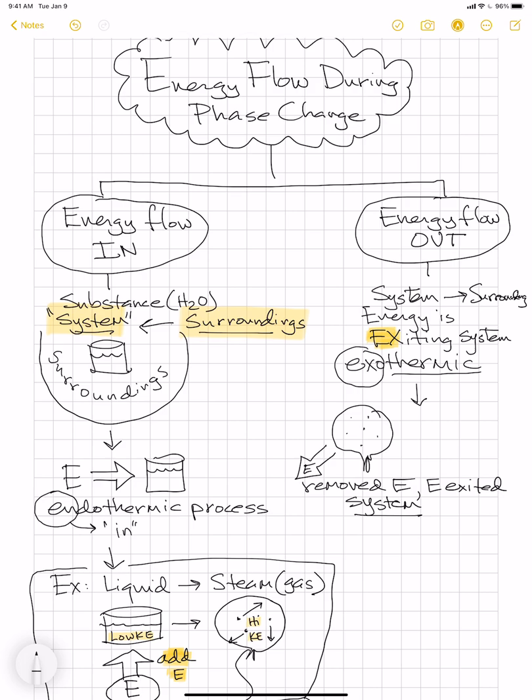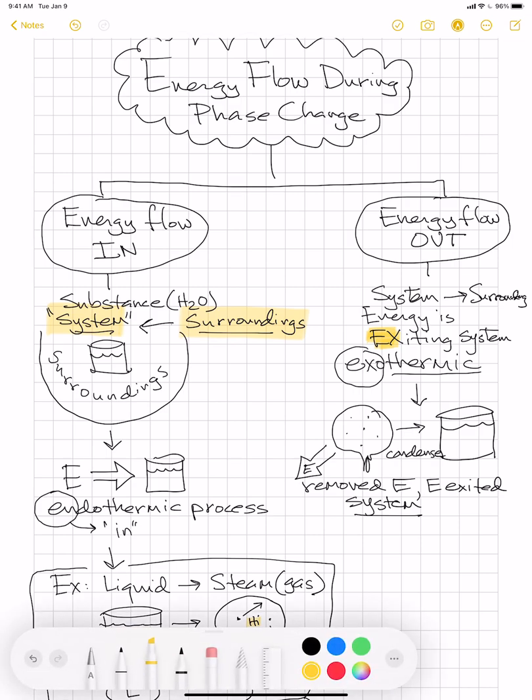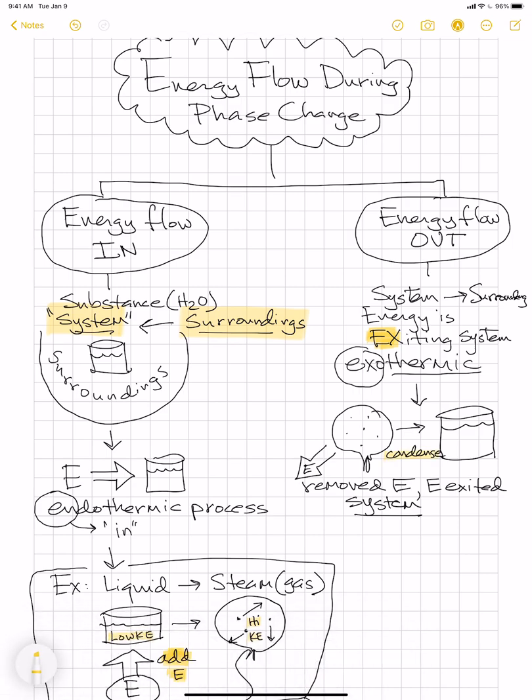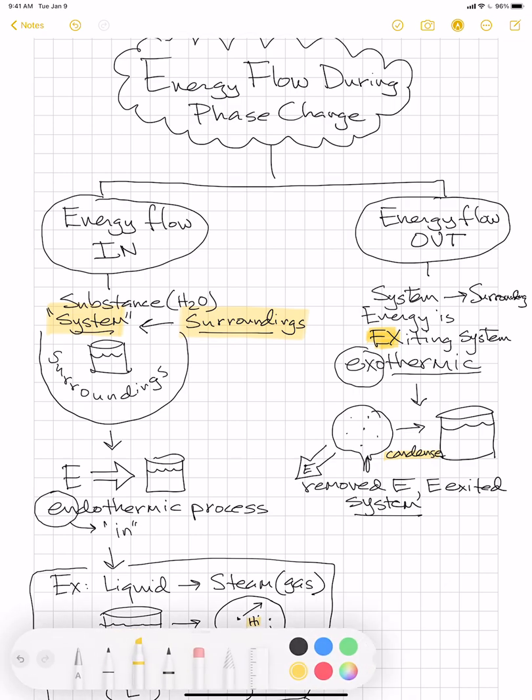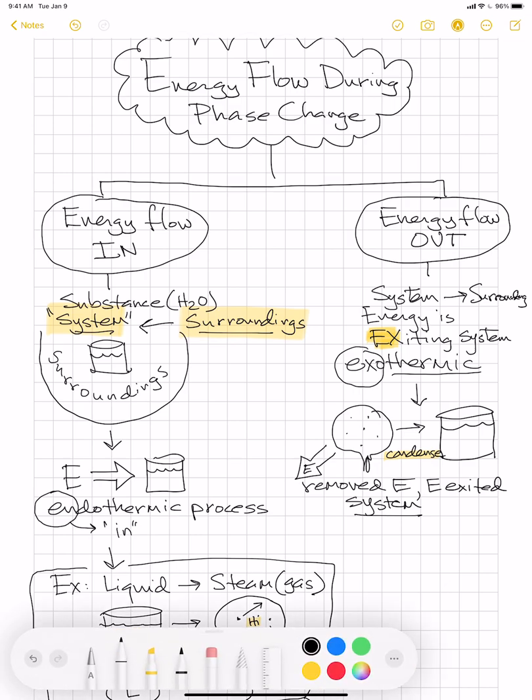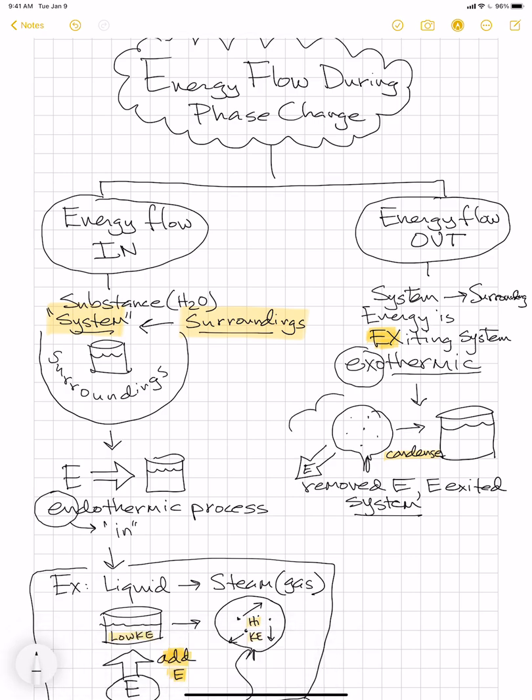If you cool this down enough, you know from previous discussions that the water will change into a liquid. It will condense. So this is a great example of an energy flow out of the system. This is an example of an exothermic process.